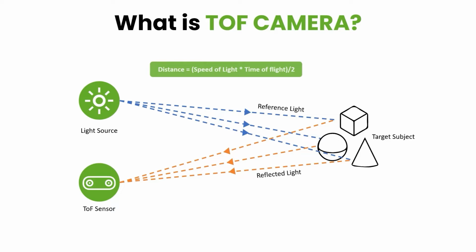In this case, the distance is obtained by multiplying the time of flight by the speed of light. This value is then divided by 2 to account for the back and forth travel to obtain the final depth value. Now that we understood how the technology works, let us look at the key components of a time-of-flight camera.